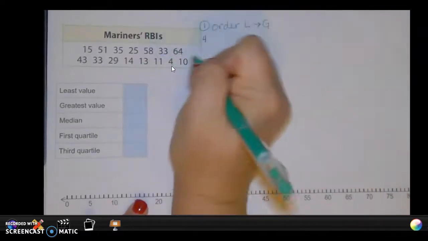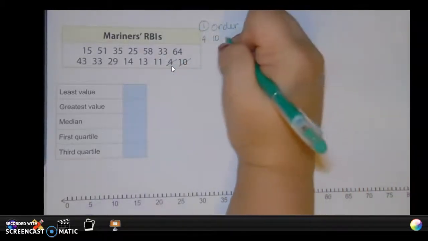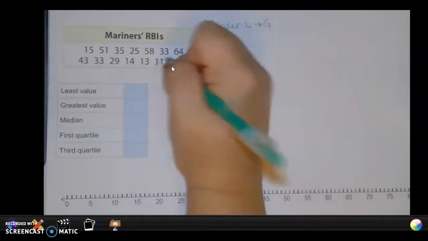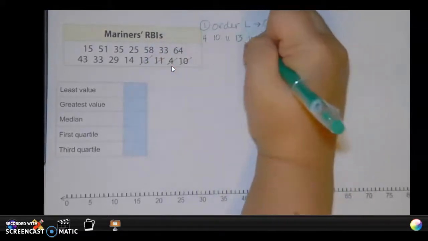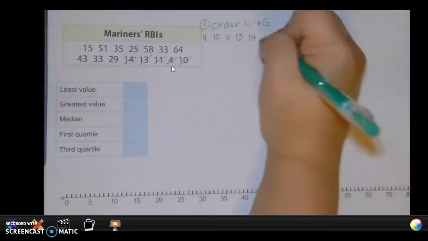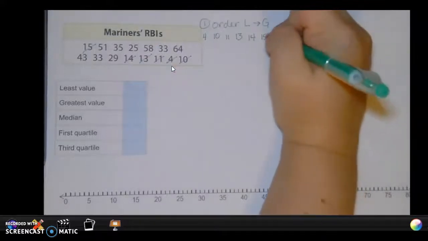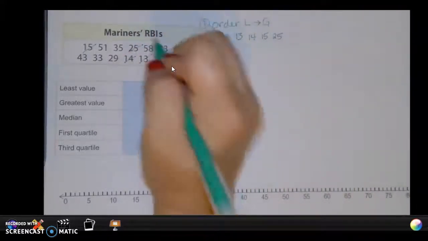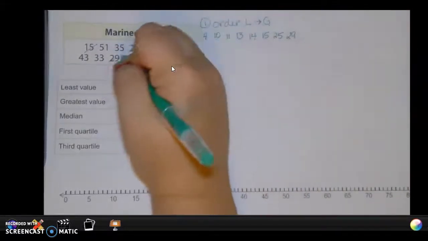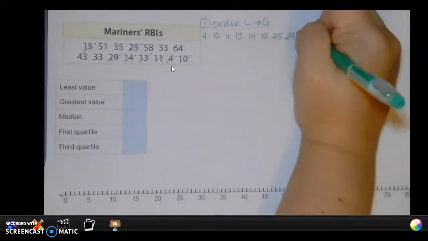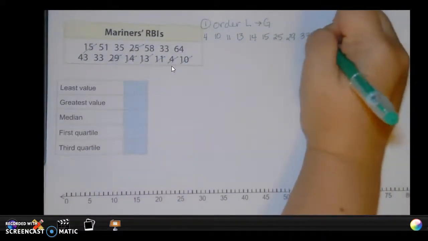So we have 4, 10, 11, 13, 14, 15, 25, 29, 33, and we have another 33. It's important that you include both.